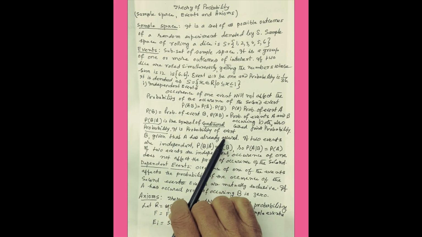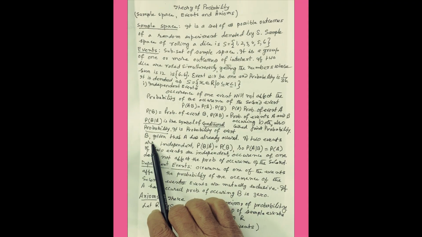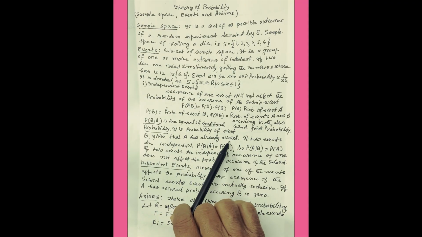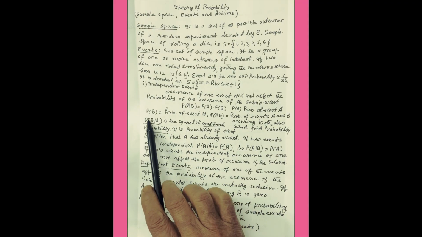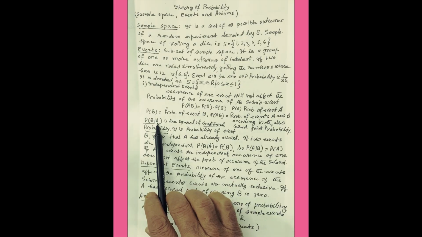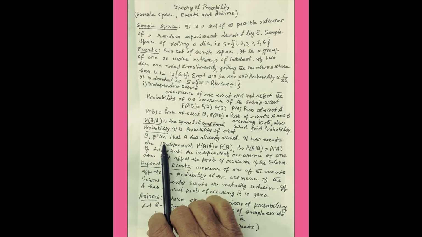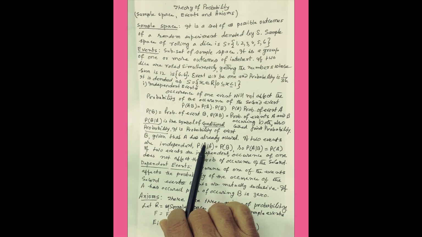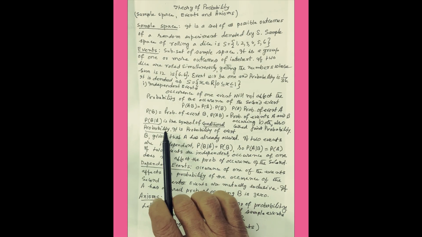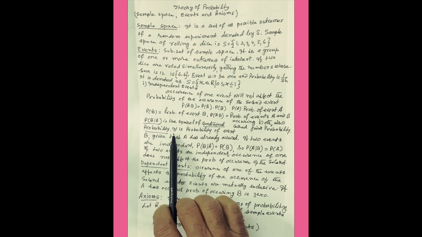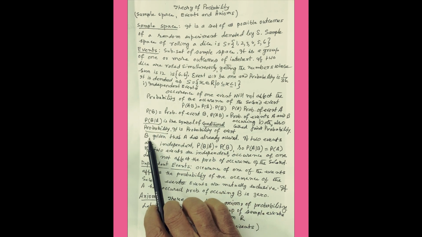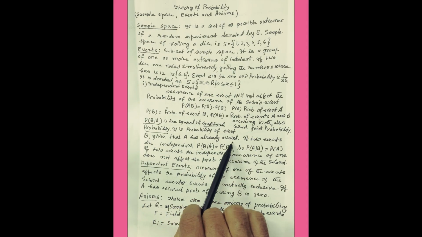It is the probability of event B given that A has already occurred. So this is generally used in conditional probability. The symbol is this. The meaning is that A has already occurred, and it is the probability of event B given that A has already occurred.